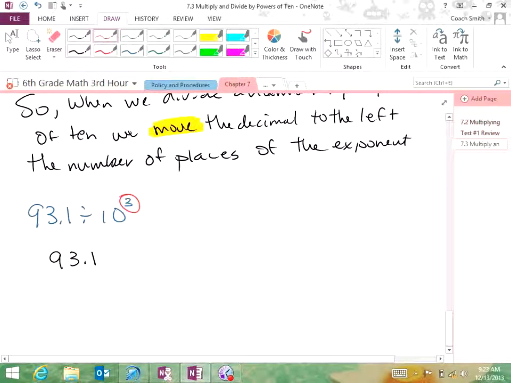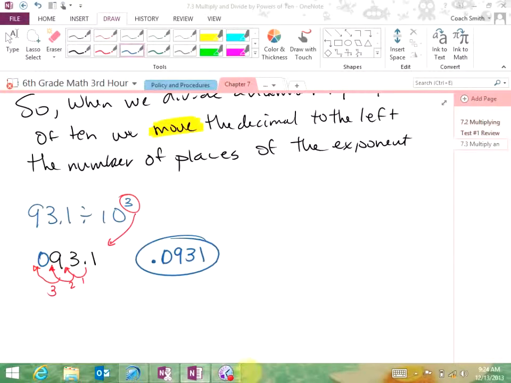We have 3 as our exponent, so we must move the decimal. Whoops, not there. Decimal's over here. 1, 2, 3 places. That means we must put a 0 in front, and you have 0.0931.